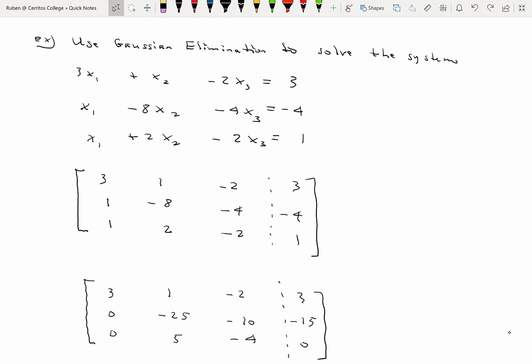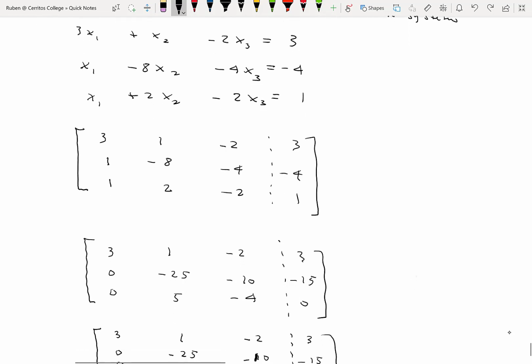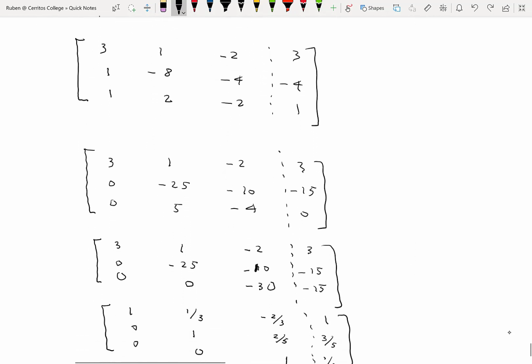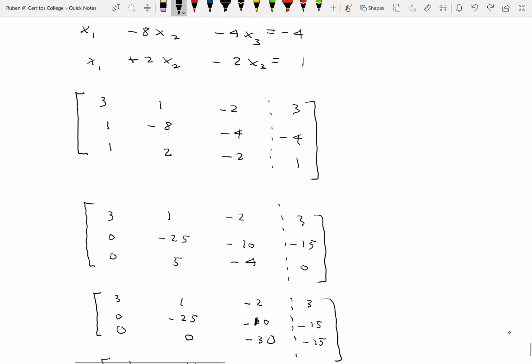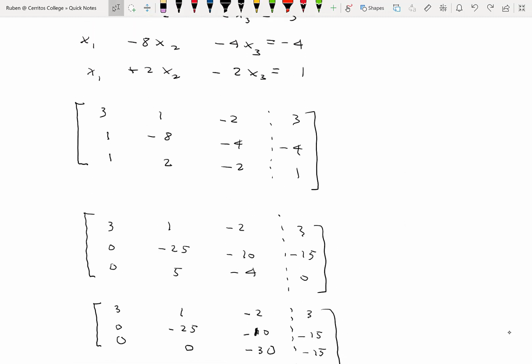Next, I'd like to get zeros below negative 25, below the x2 variable coefficient negative 25, but I'm not going to bother with the number above negative 25. So the next step is to get 0 below the negative 25 by elementary row operations, but I'm not going to make zeros above negative 25.